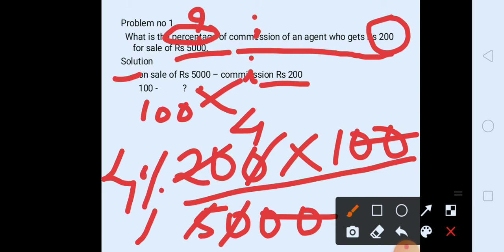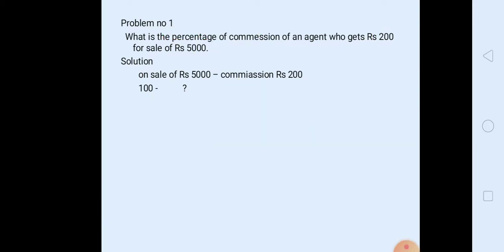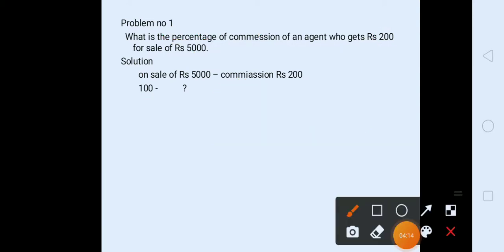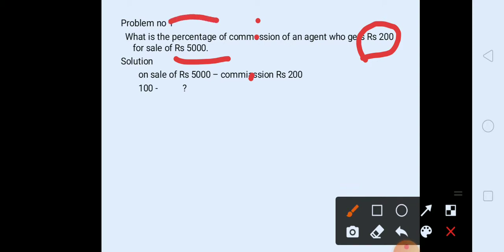I hope you all understand. Don't be confused, students. Once again I will explain for your understanding. Listen carefully. What is the percentage of commission of an agent who gets rupees 200 for the sale of 5,000? Whenever the word percentage comes, you should divide by 100.